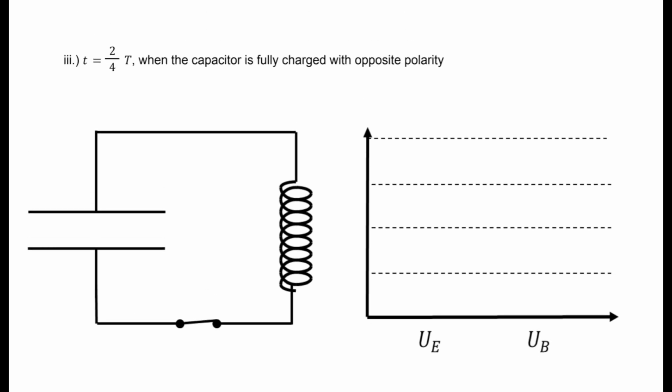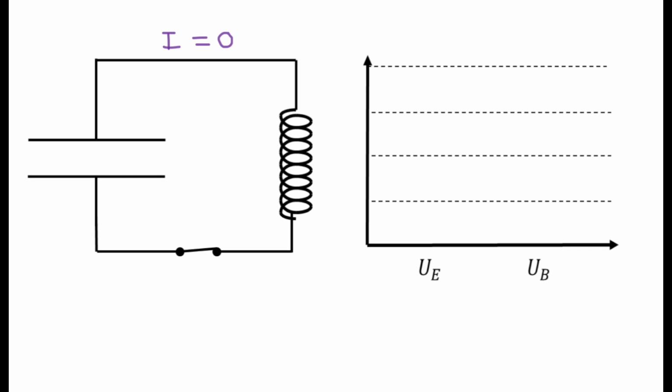But when it's fully charged, the current will be back down to zero again, because it's fully charged, so there can't be any more current adding to the charge. But the plates are charged to the opposite polarity, because the clockwise current would cause positive charges to collect on the bottom plate now.